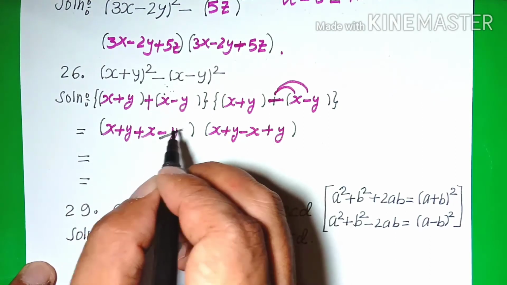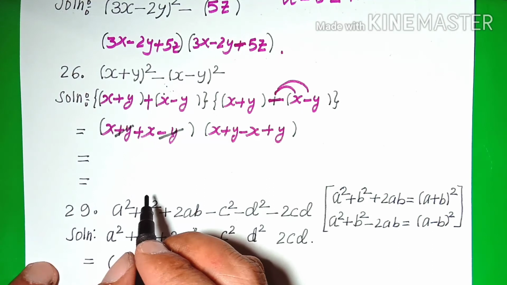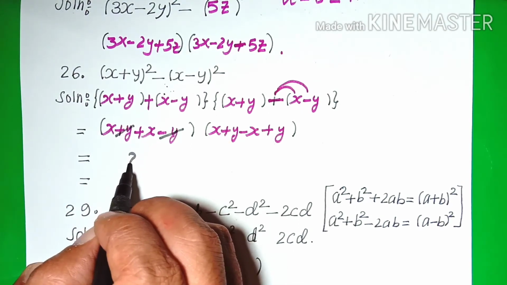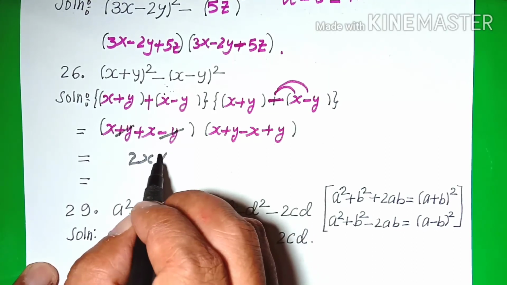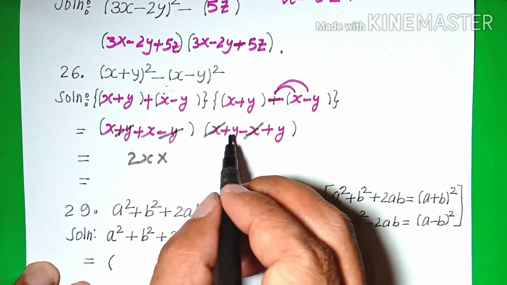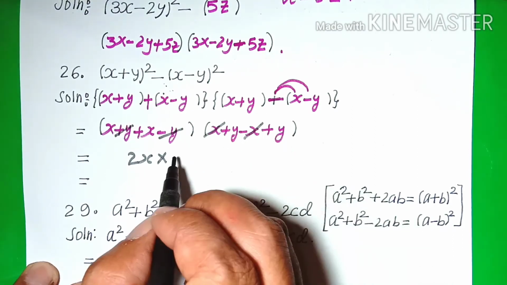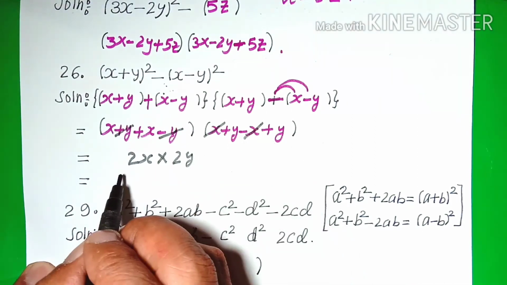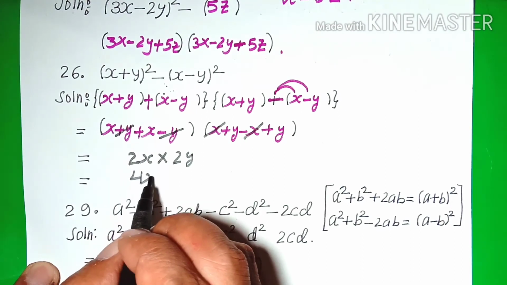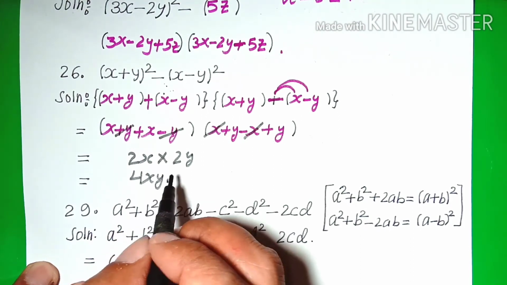Minus y plus y we can cancel. So we are left with 1x plus 1x equals 2x, plus x minus x we can cancel. 1y plus 1y equals 2y, which equals 2 into 2, will be 4x into y, can be written xy.